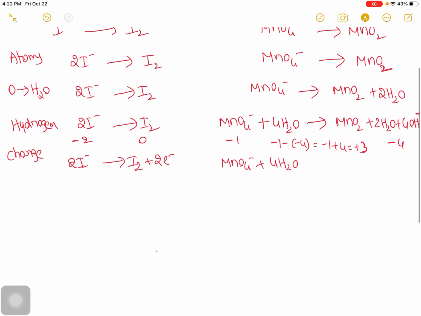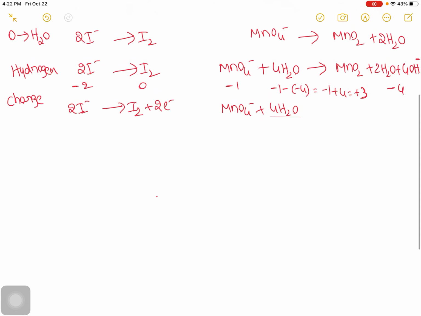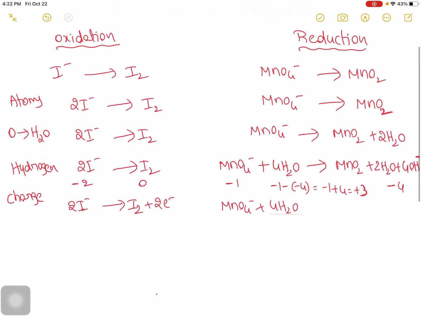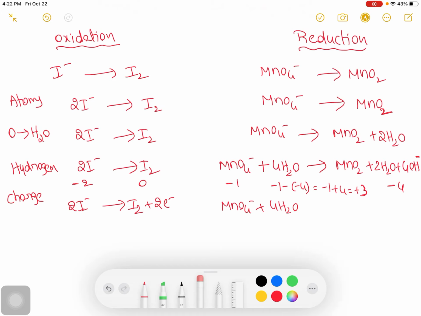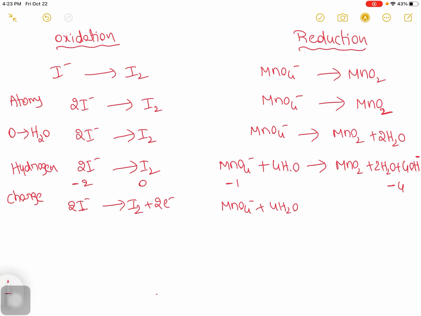So we have to add 3 electrons. I told you already, always if it is reduction, electrons are added on the left side. For oxidation, right side.